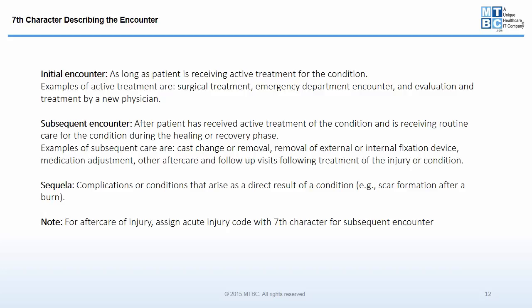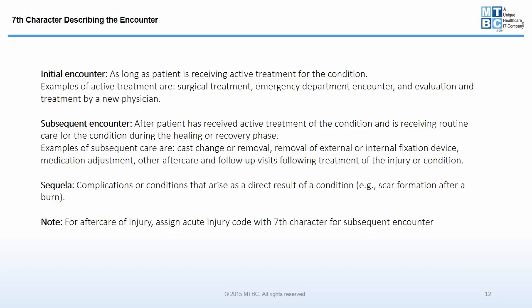If the patient is receiving active treatment for this condition and it's not healing, it's not the recovery phase, it's going to always be the initial encounter. Now, there are different initial encounters based on if it's an open fracture, closed fracture, but they're specifically for initial encounter. Subsequent encounter, again, that's the second seventh character that you're going to be looking for.